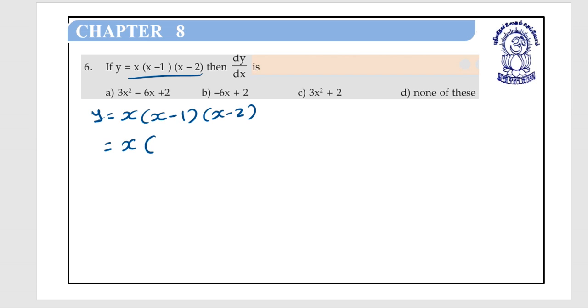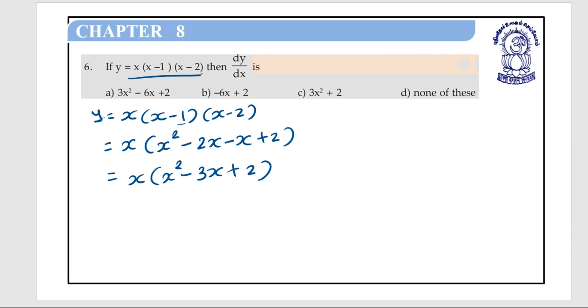So x as it is, x square minus 2x minus x plus 2, so x square minus 3x plus 2, x into that, x cube minus 3x square plus 2x.